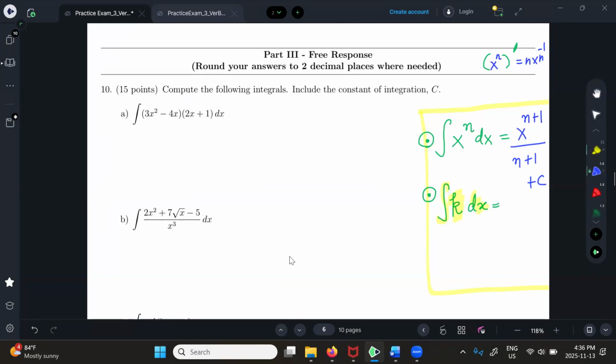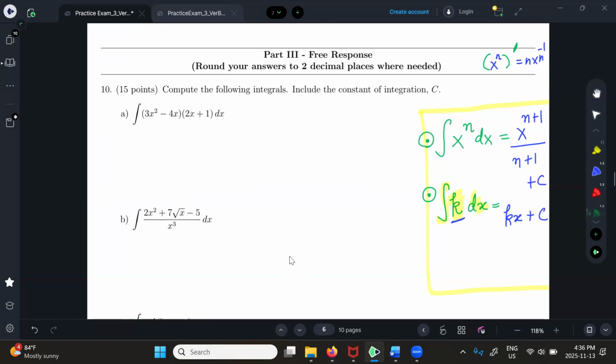We only focus on the number inside. If it was a derivative, you would make it 0, right? But because it's the opposite of that, you will multiply it by the variable, x. In this case, it's x. Sometimes it's t, sometimes it's some other variable.